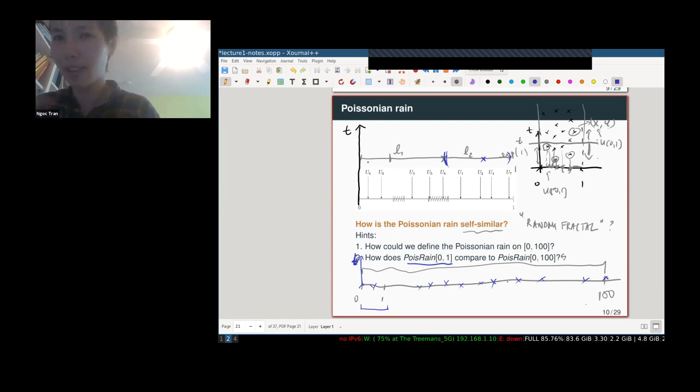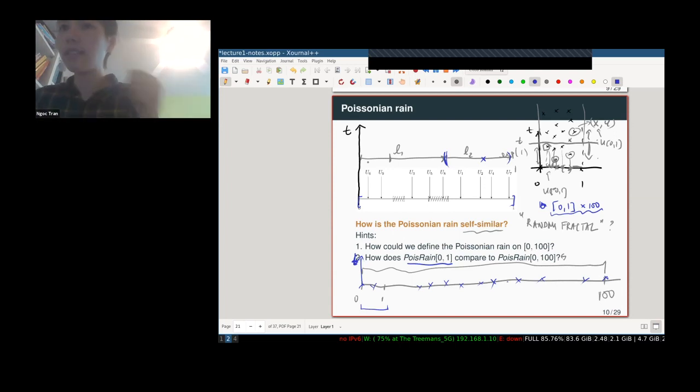So this is self-similar in the sense that there's a way to trade time for space. How do I trade time for space? Well, one thing I could do is simply scale [0, 1] to [0, 100]. I run the partition on [0, 1], and then I just multiply by 100, and there we go: I have a partition on [0, 1] times 100.